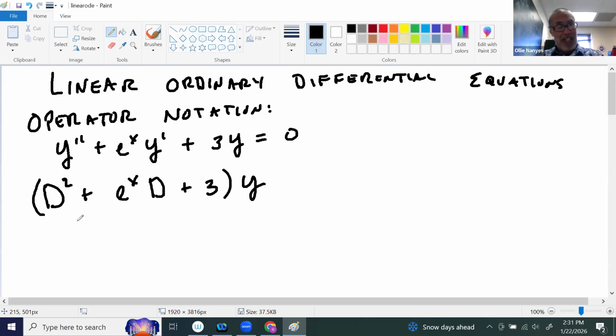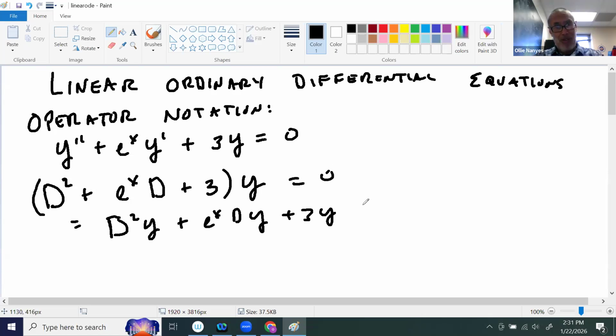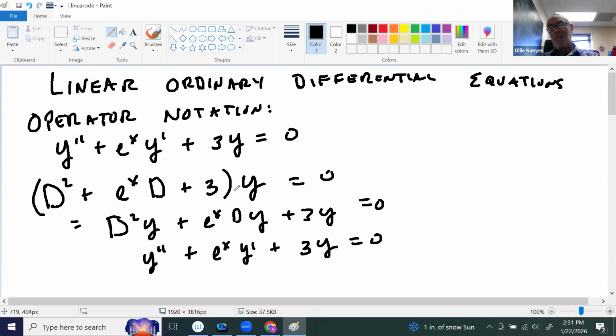So expanding, this is d squared y plus e to the x dy plus 3y, it still is 0. And d squared means take the second derivative. E to the x times dy means take the derivative and multiply by e to the x. And this says take a regular function and multiply it by 3. So that's how operator notation works.